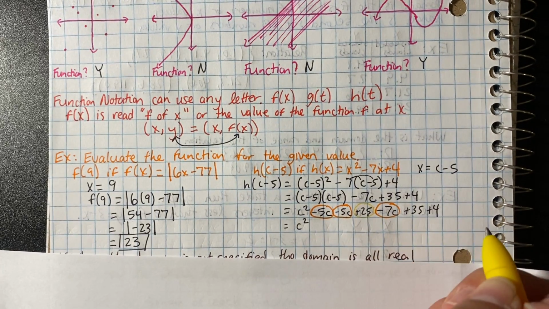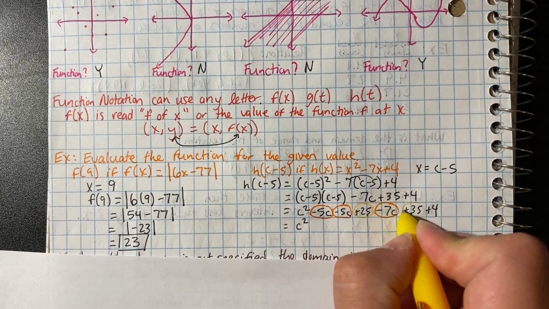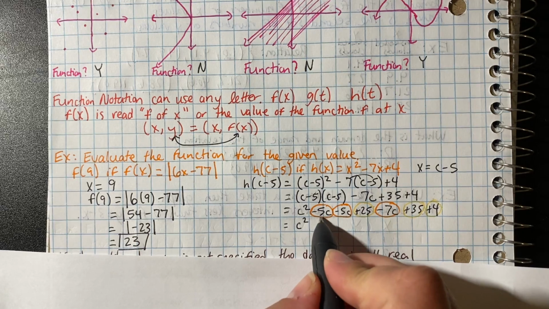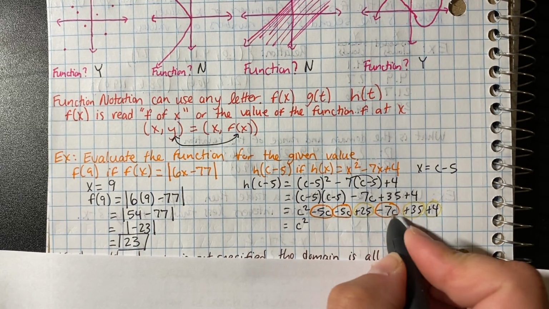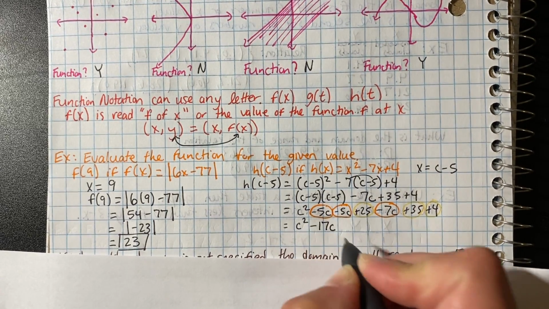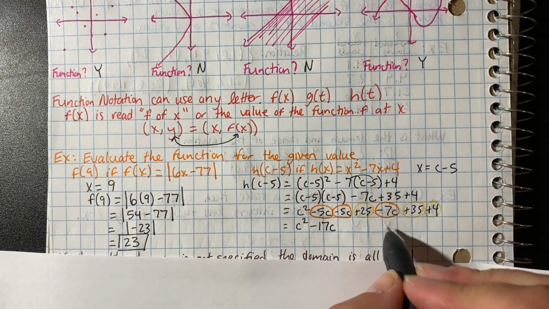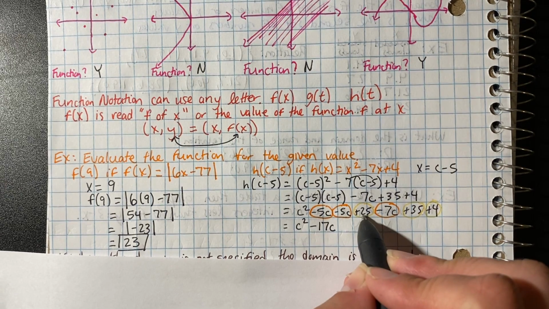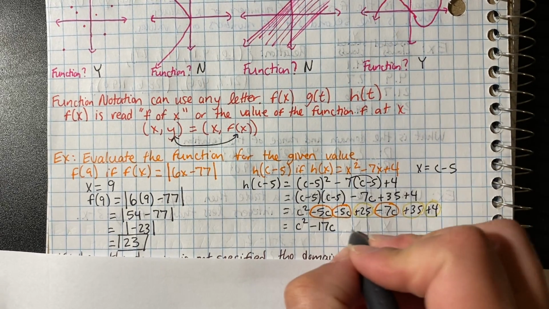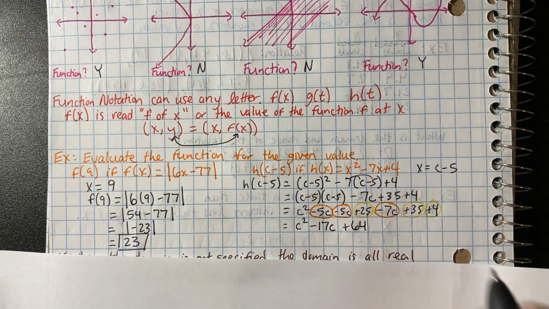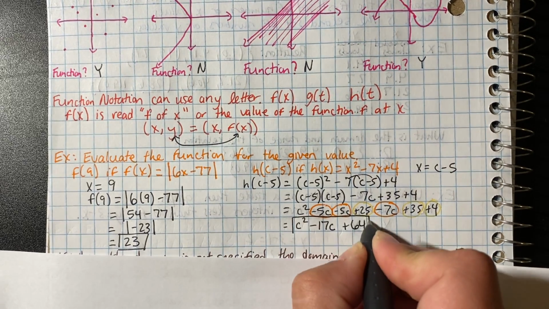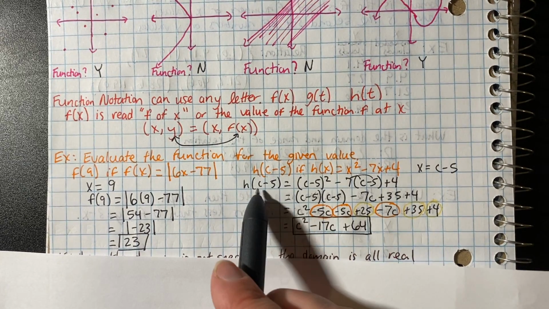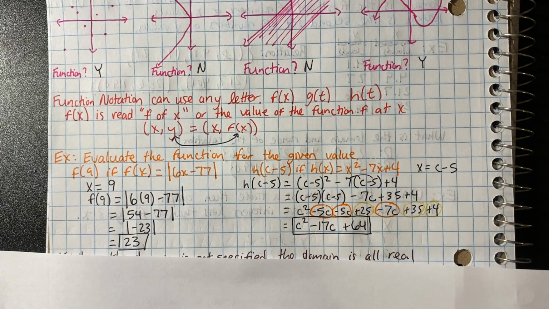Hopefully you can kind of see it. Barely. Okay. All right. So I have minus 5, so 10. So minus 17c. Okay. And then 25 plus 35 is 60. So that is my answer. Is it okay that my answer isn't just a number? Yep, because I had a c in there, so it's not going to come out to being just a number.